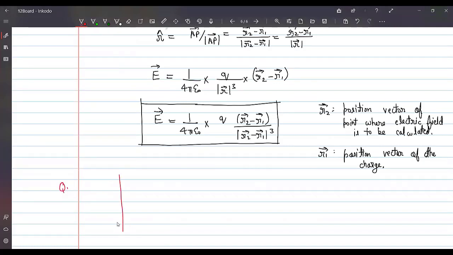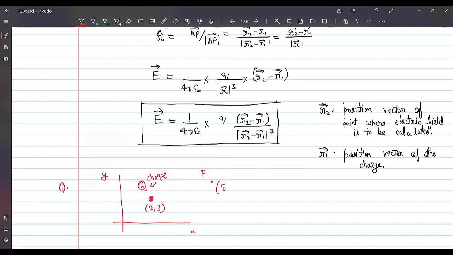Let's suppose this is your XY axis and you have a charge Q placed at the point (2, 3). The charge is Q. You want to find the value of the electric field at point P.